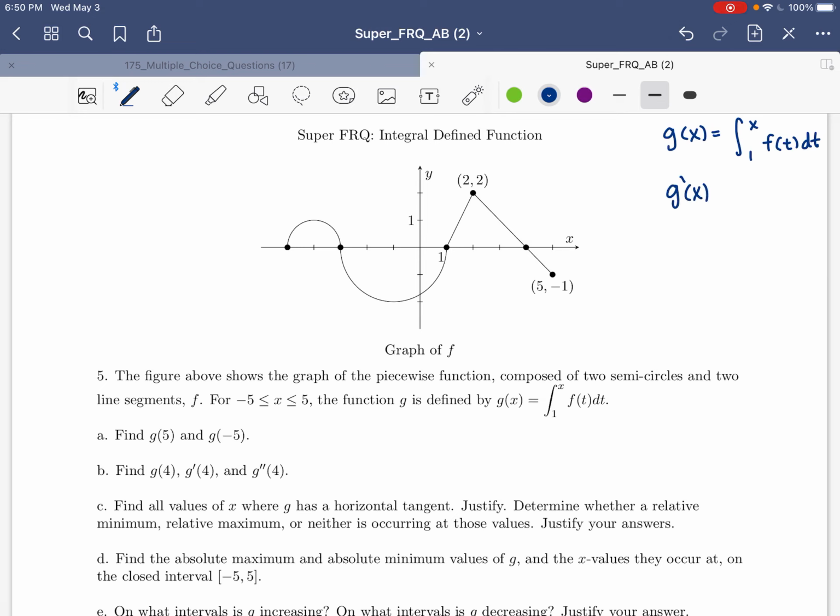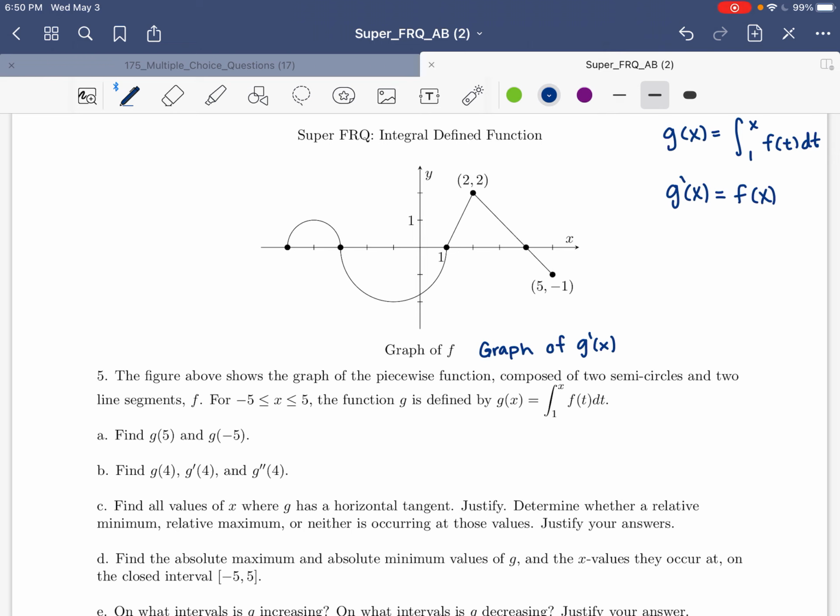Then if I take the derivative of that, g prime of x is going to equal f of x. So we might as well note, since this is the graph of f, it's also the graph of g prime. And that's going to help us later on.